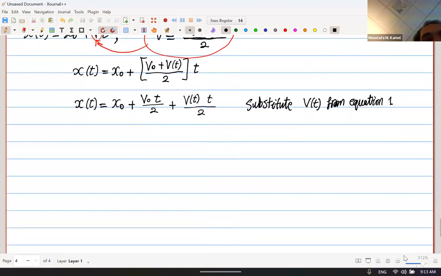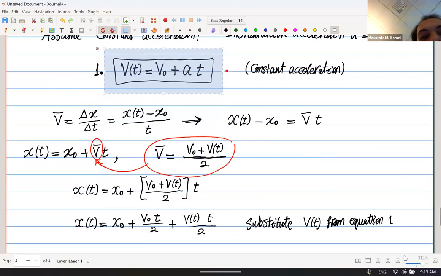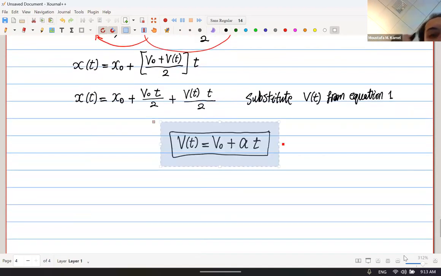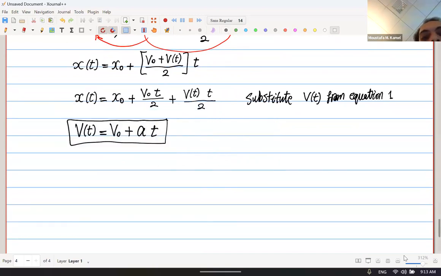So I will write it here, actually let's pull it down here. We have, this is v of t.